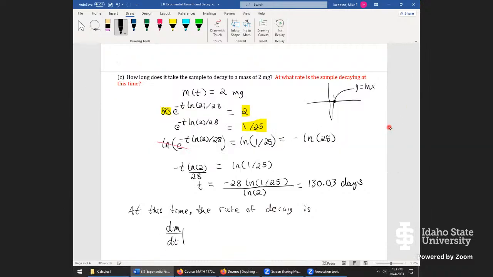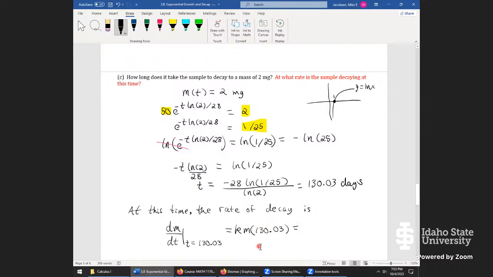We're evaluating it at a certain time. That's going to be the 130.03 days. So let's say evaluated at 130.03 days. And the output is going to turn into K times the amount of mass after 130.03 days. So that's our evaluation right there.